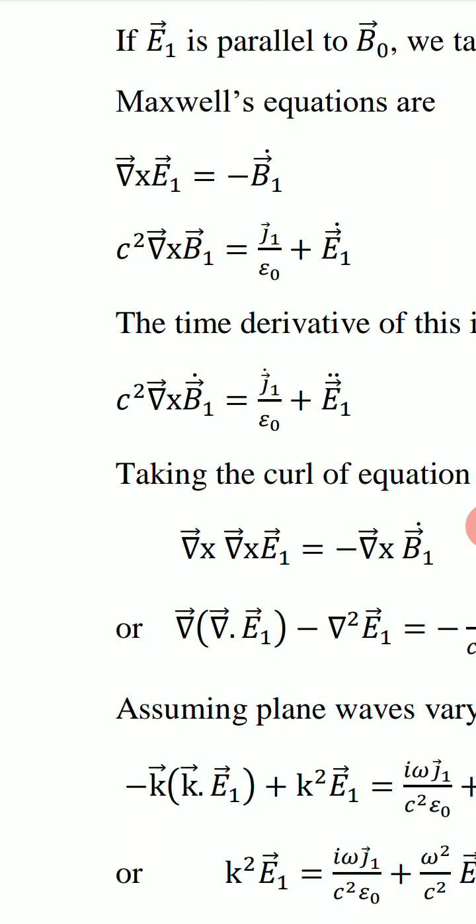Fourth equation is del cross B, curl B equal to mu 0 into J plus epsilon 0 delta E upon delta T. For B we write B1, for J we write J1, and for E we write E1. These all are small perturbation values.